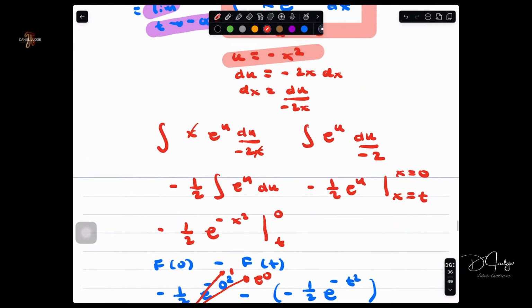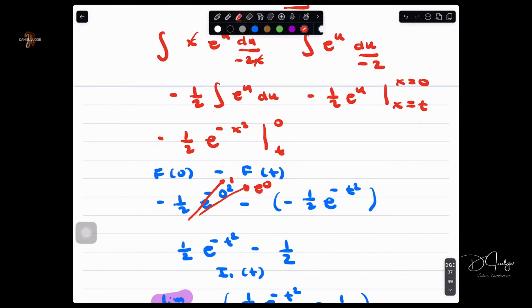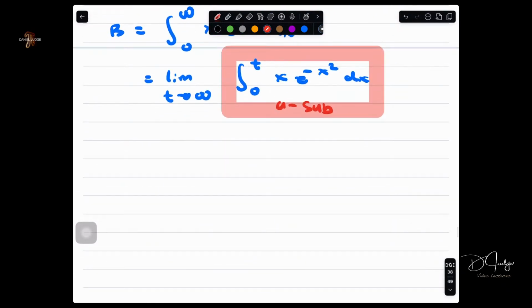And by u-sub back here, this is what we end up with: negative 1/2 e to the minus x squared. But the limits are different. It's a different improper integral. So negative 1/2 e to the minus x squared evaluated from 0 to t.